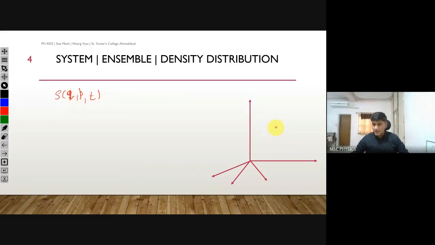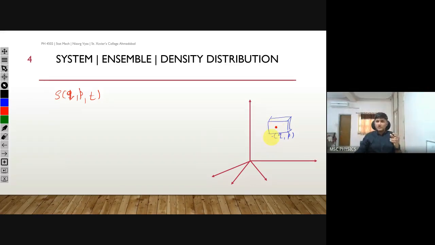So if we take a point in the phase space, let's take blue color, if we take a point q, p on the phase space, and if you take a small, tiny volume around that point, this volume is not in three dimensions. Since I am out of my drawing, I cannot draw, and you cannot even visualize a figure for more than three dimensions. So the drawing is not for three dimensions, it is in multiple dimensions.